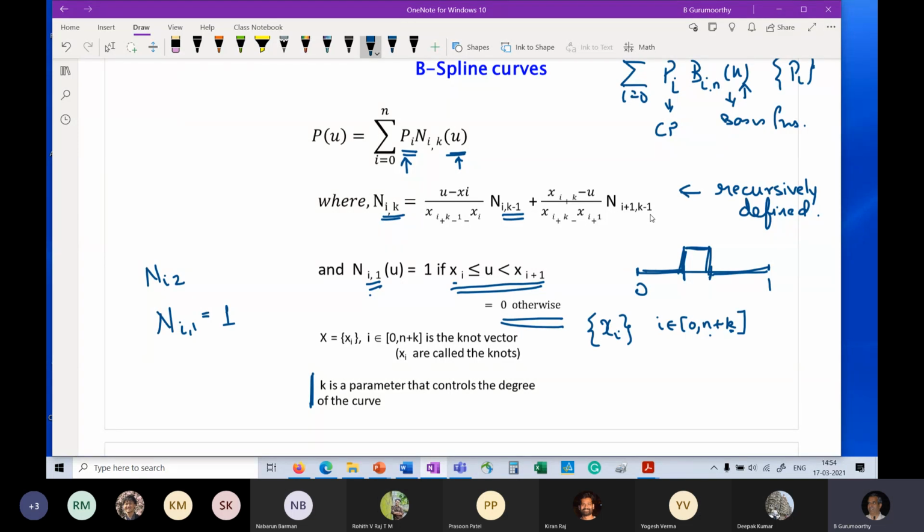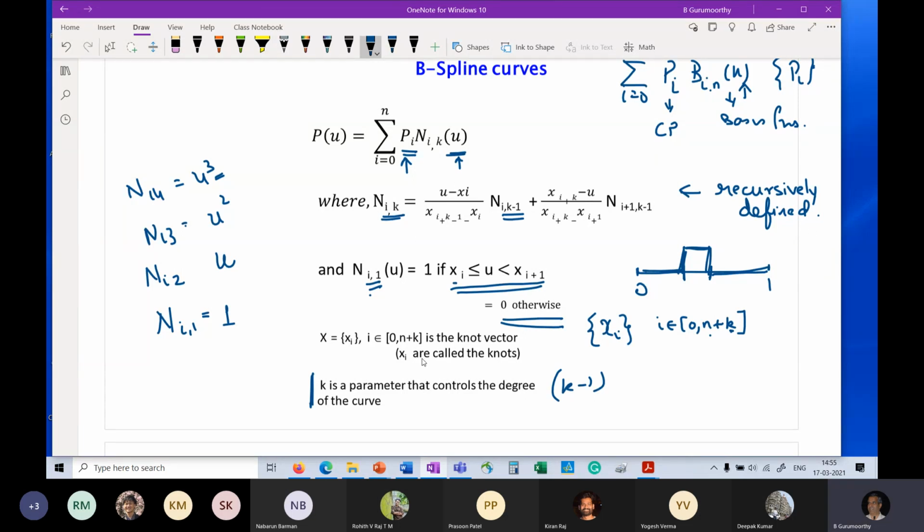We'll ignore this for the minute, but you see that this is multiplied by a term of the type u minus x_i, so this is u. Now N_{i,3} you will see is N_{i,2}, which is of the type u, multiplied by another u from here. Therefore, this becomes u squared. And I hope you get the drift now, that k in some sense determines the degree of the polynomial, which is always k minus 1, or k is the order of the curve.